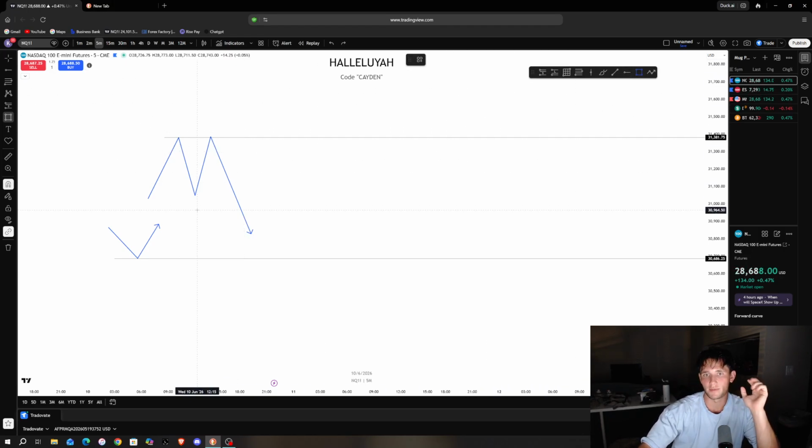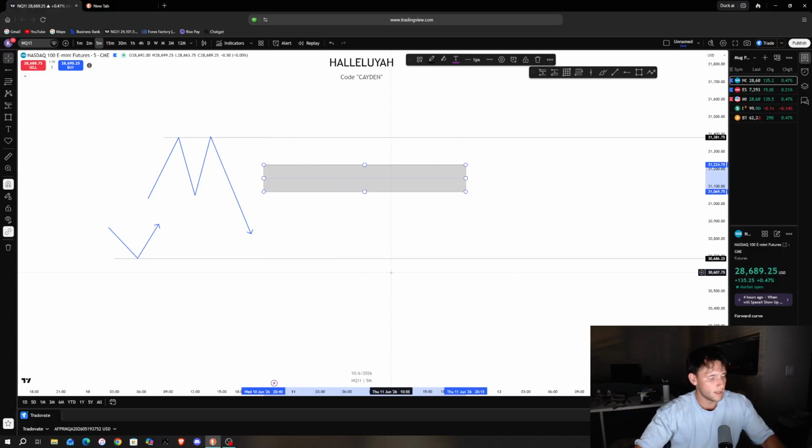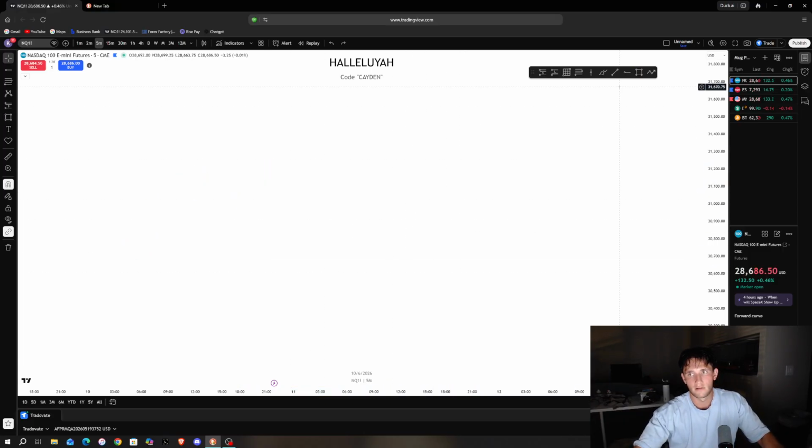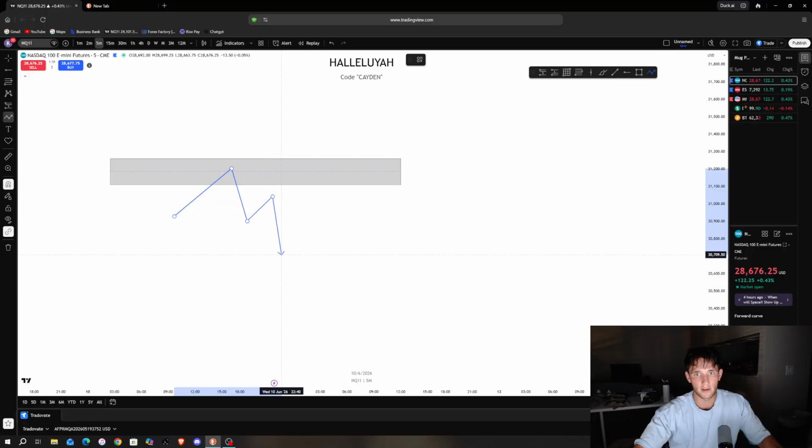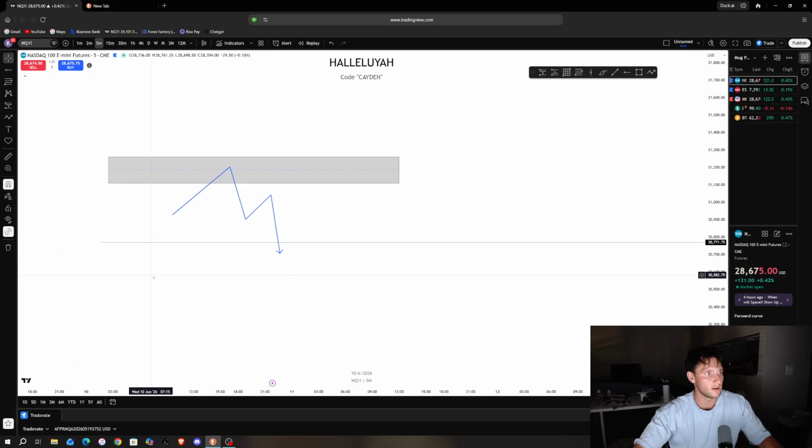I want price to either be in imbalance, like price goes from imbalances to liquidity. It goes from an imbalance to take out, let's say there's a low over here. Let me just draw a low. You got a low over here. Price is going to tap into the imbalance, go to liquidity.